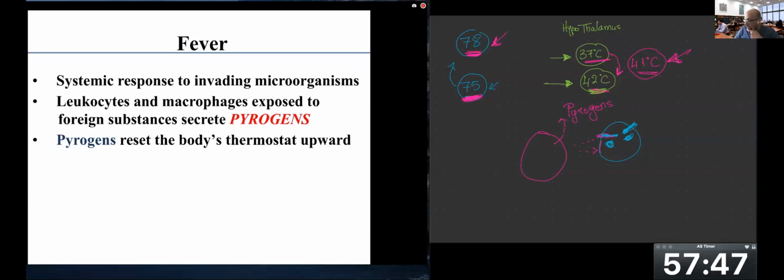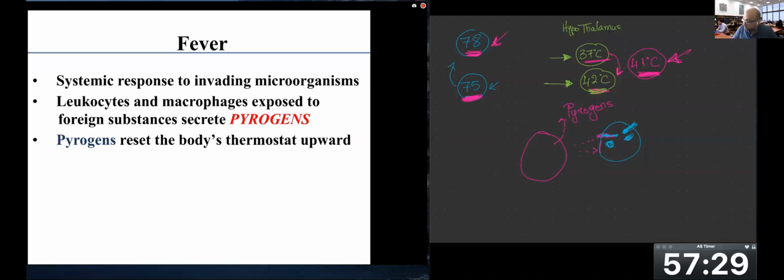So we're looking here, I didn't do anything at the effector organs, at the organs I'm affecting here. I did act on the thermostat. I did change the temperature. I did reset it.